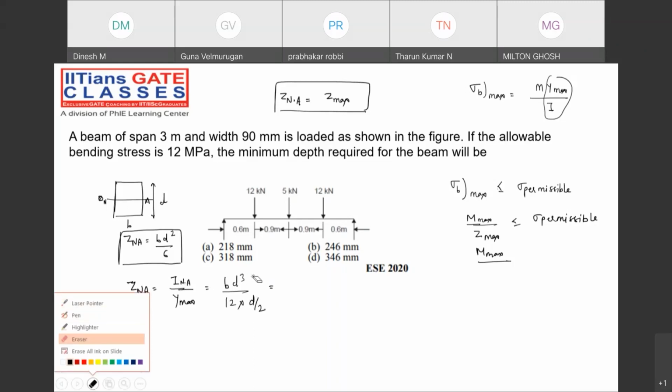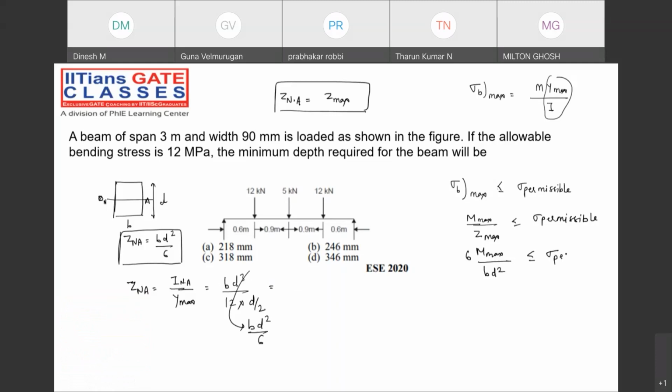So from here, we put B D square by 6 in the condition with sigma permissible, which I'm going to call sigma P. So 6M divided by B into sigma P must be less than or equal to D square.